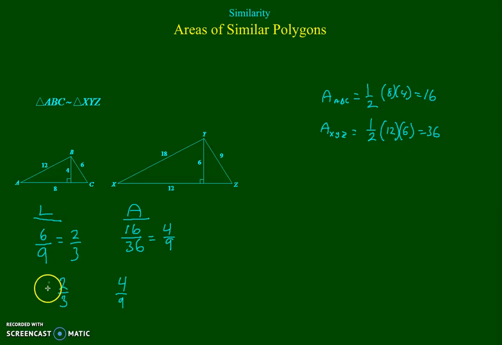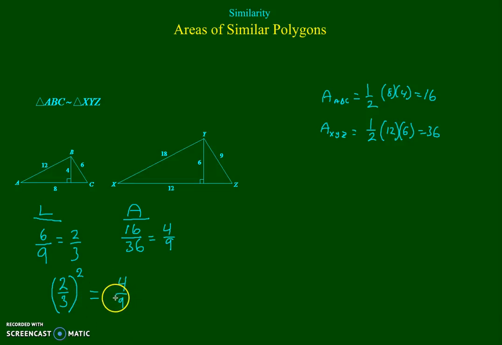What do I have to do to this ratio to make it equal to this? Well, clearly 4 is 2 squared and 9 is 3 squared. So all we have to do is take our length measurements and square them, and only then can we put an equal sign in here to say that these are equal.